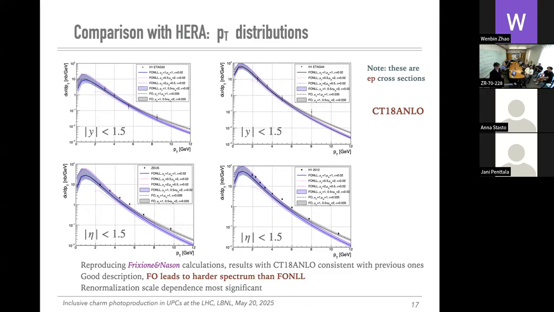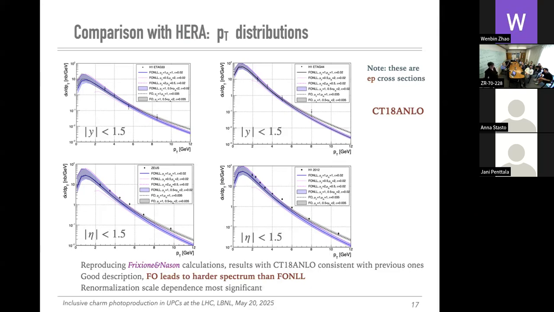There are actually 2 calculations. There is blue, which is supposed to be superior, which is FONLL, and then fixed order massive, which is this gray. You can see that the superior calculation seems to have a little bit too soft of a spectrum in PT.